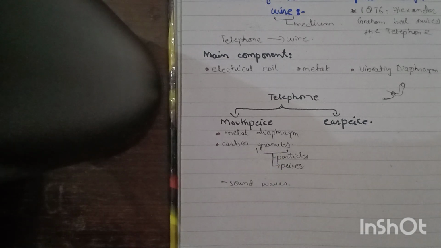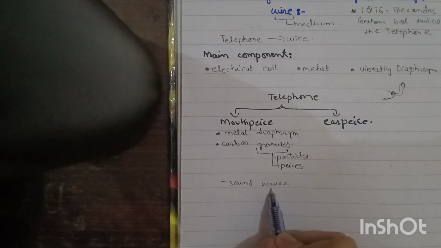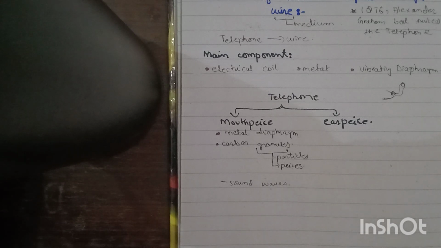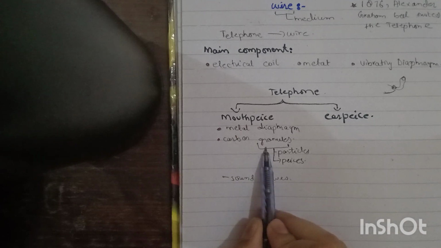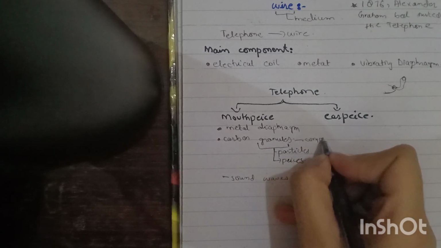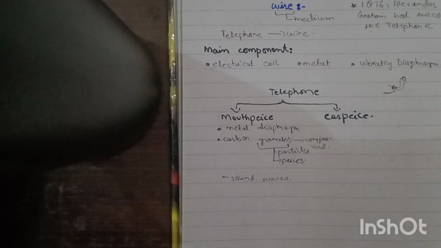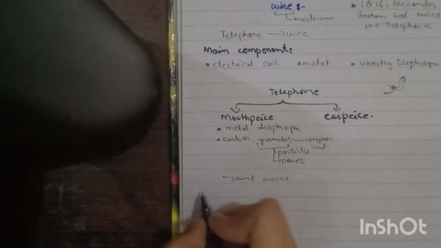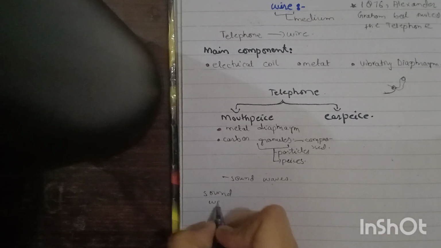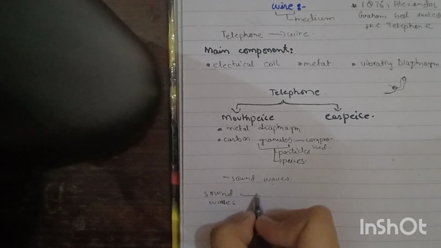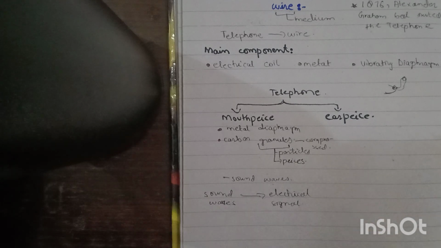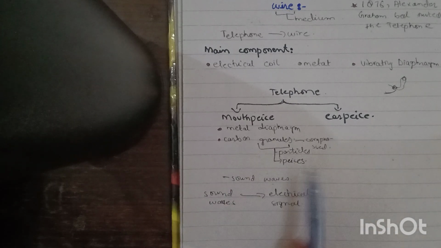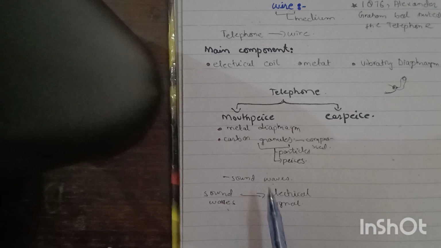When my voice reaches it, the diaphragm vibrates, and the carbon granules get compressed. When they get compressed, the sound waves are converted into electrical signals. For processing we require electrical signals, because inside the functioning of the telephone we cannot use sound waves. Now they are converted.